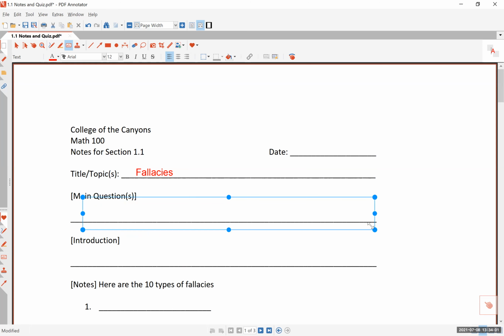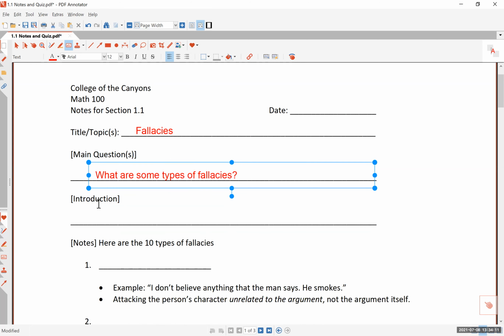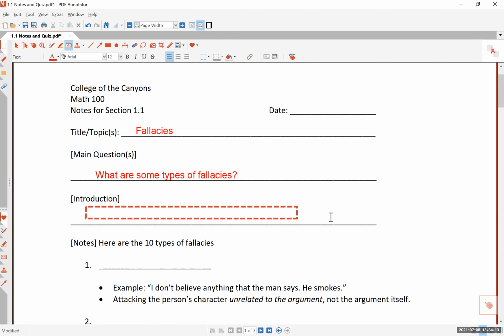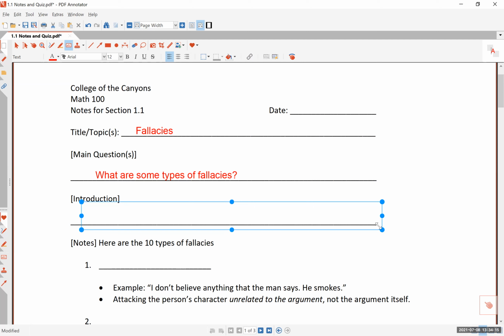So here's the main question. What are some types of fallacies? This section will not be very long. I'm just going to list several fallacy types. These are not mutually exclusive, and they are not comprehensive. This is not a list that everybody agrees to.